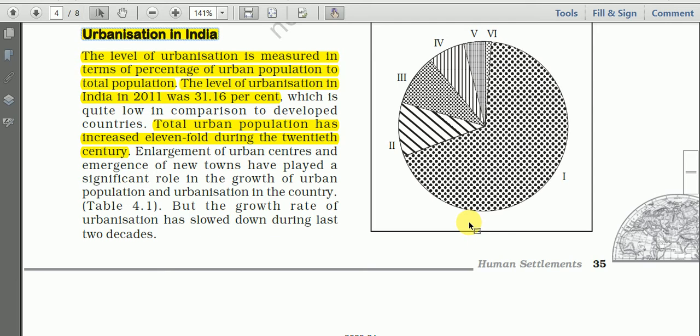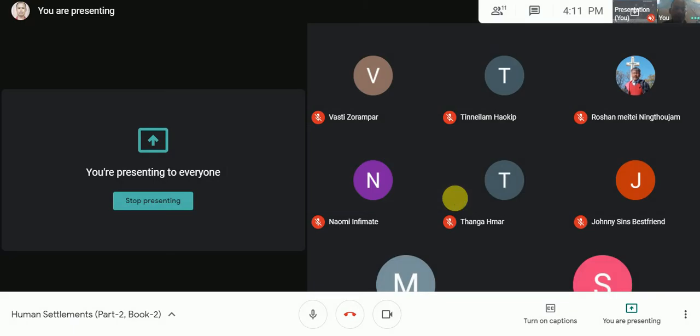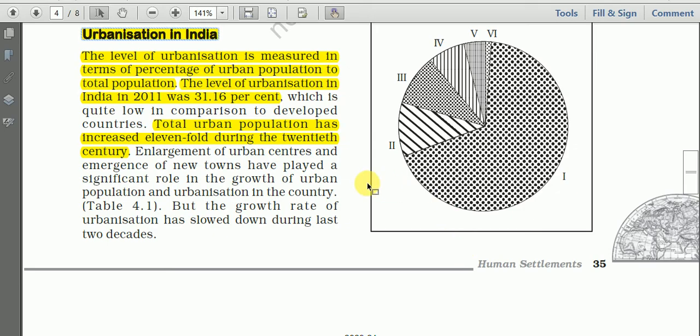Urbanization is the process through which cities grow and higher percentages of the population come to live in the city.